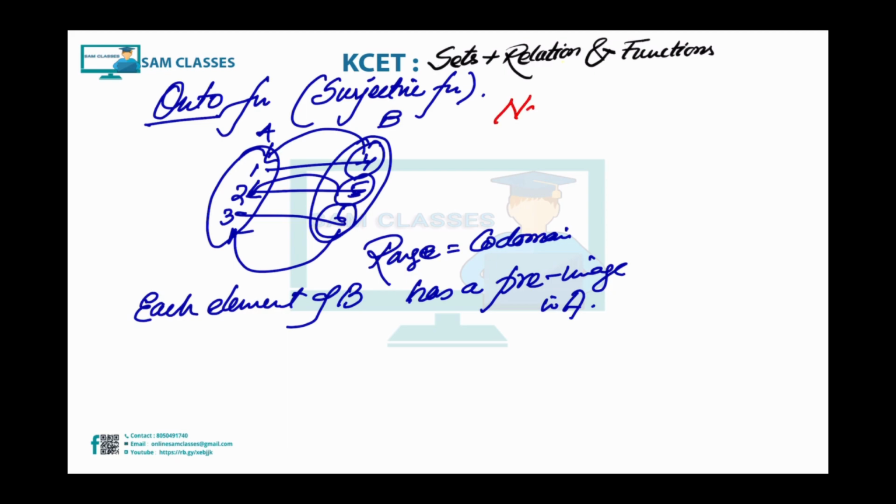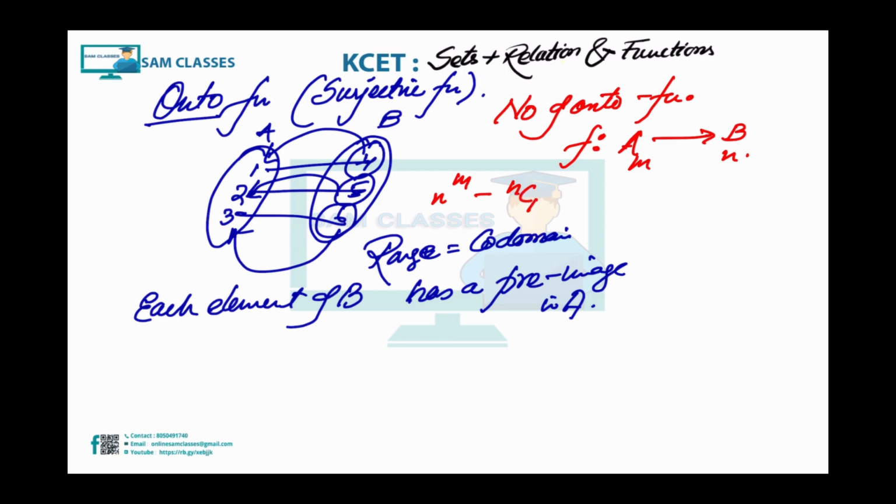Now what is the number of onto functions? Very important. You have to mark this value. The proof is also there, but we will not do it as of now in the crash course. For a function from A to B with m and n elements: n^m minus nC1 (n minus 1)^m plus nC2 (n minus 2)^m minus nC3 (n minus 3)^m plus and so on.